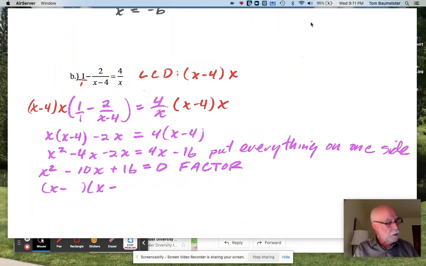And what are negatives that, when I multiply them, give me a positive 16, yet when I add them, give me a negative 10? It would tell me 8 and 2. So again, x is equal to 8, because 8 minus 8 is 0, or x is equal to 2.